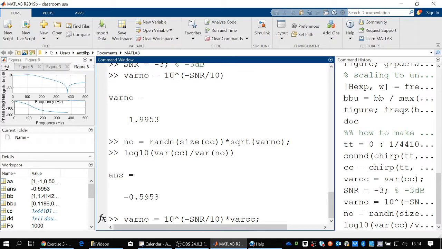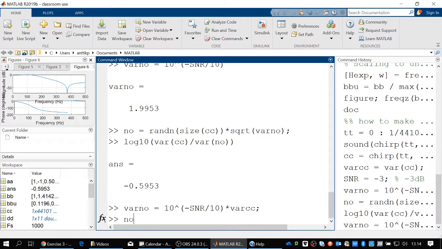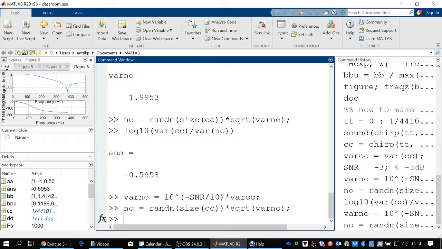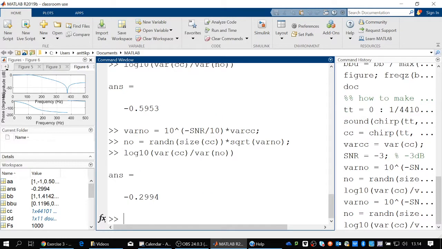Right. Minus 0, or was it 10 times that? It's about 10 times too small. I'm missing something here, but well, I'll figure it out later.